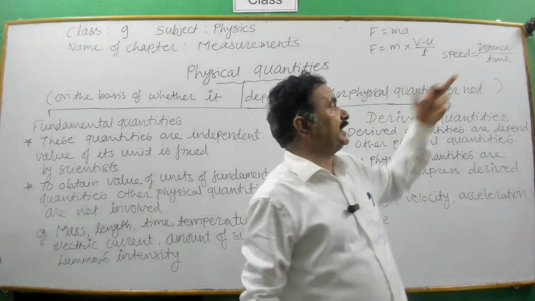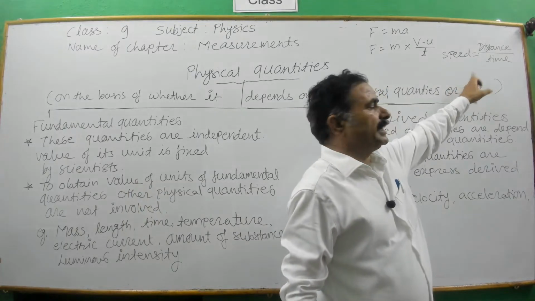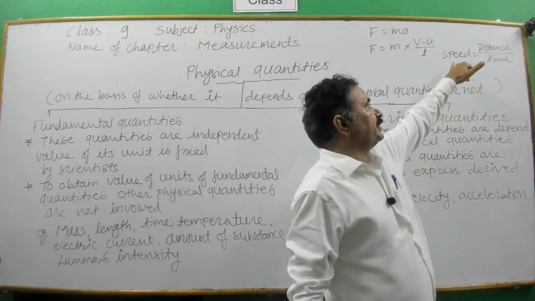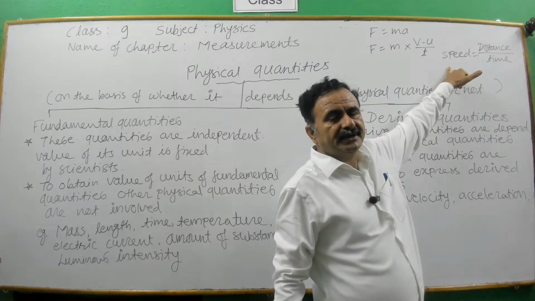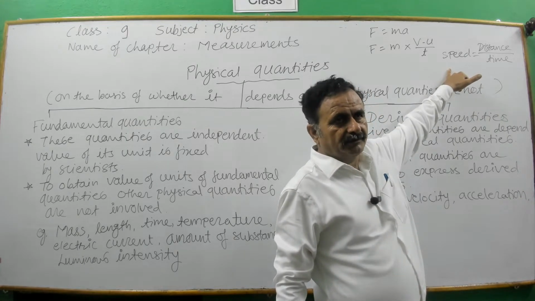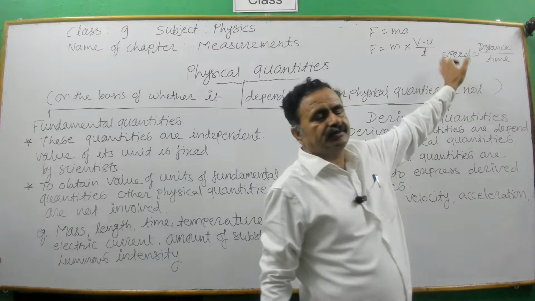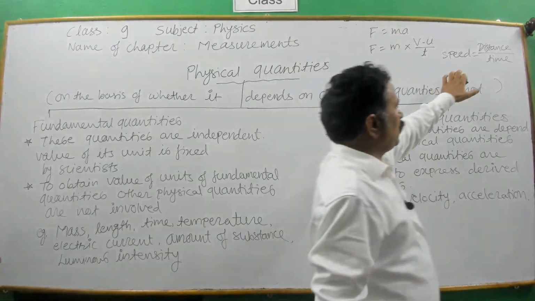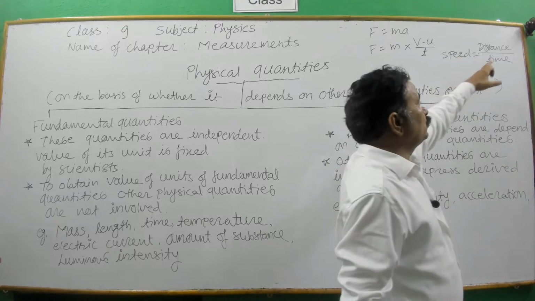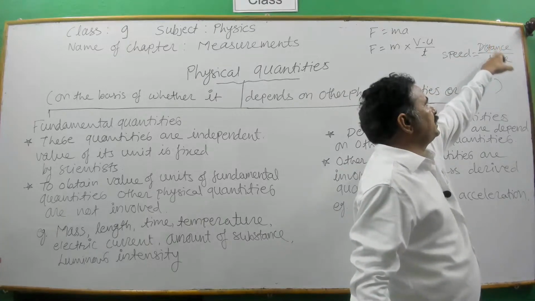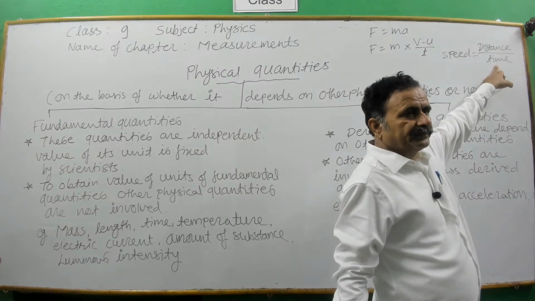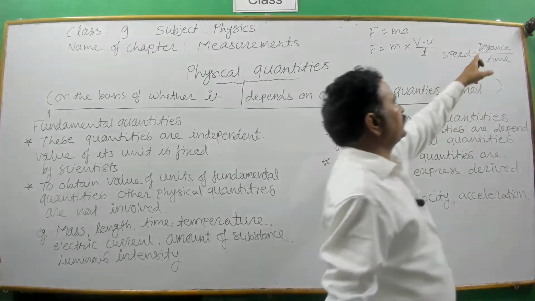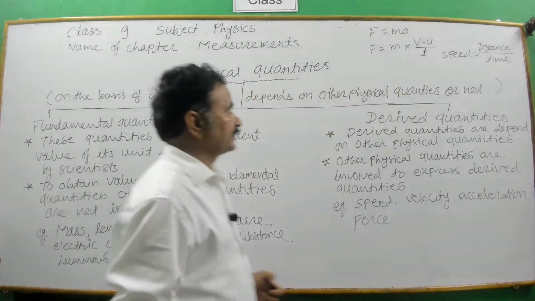So when we divide length by time, then we get the value of speed. Means to get the value of speed, we have to do the calculation between length and time. So that's why speed is derived from distance and time.